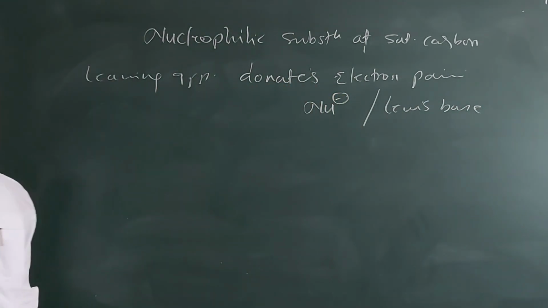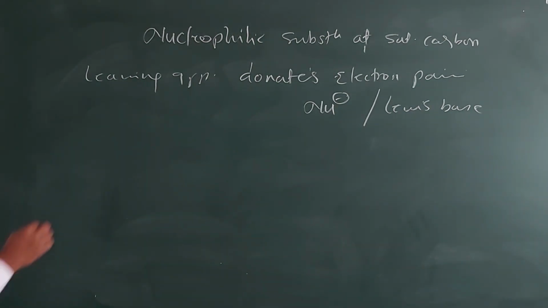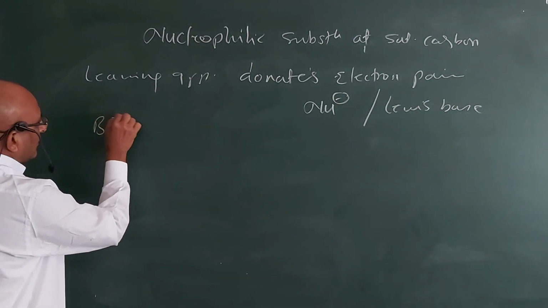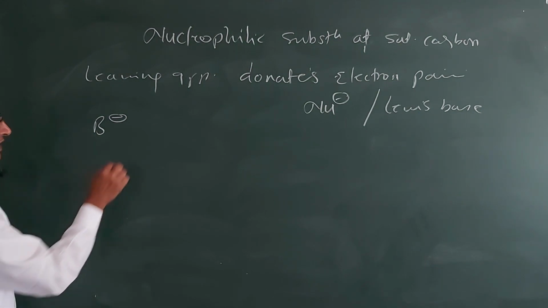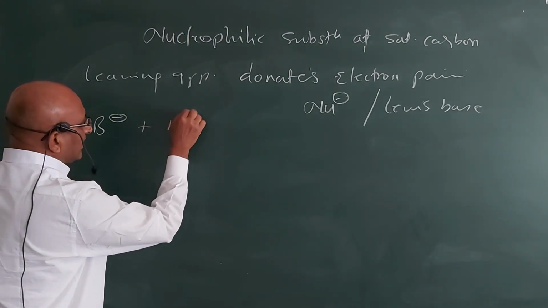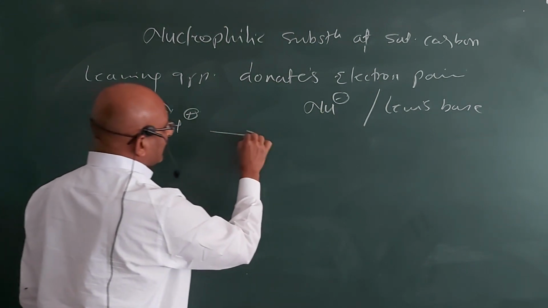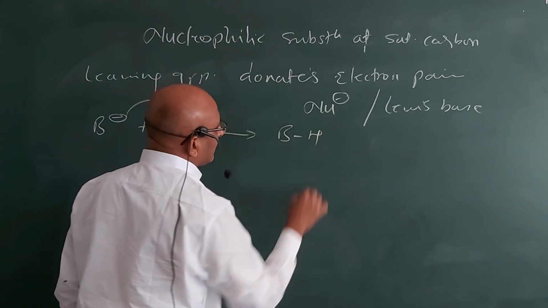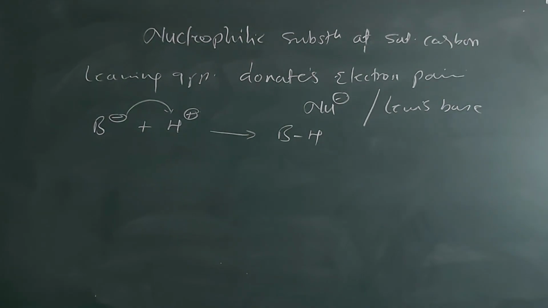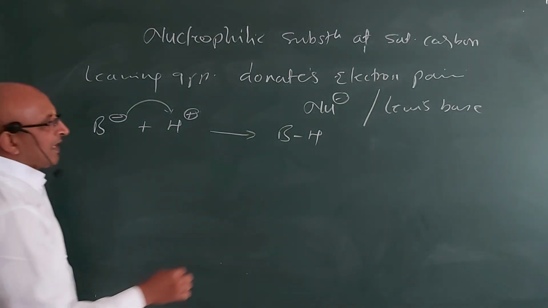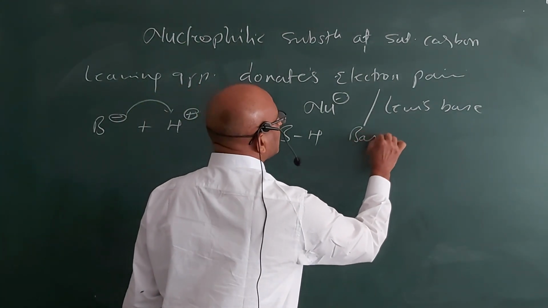So when it acts as a Lewis base, the negatively charged species, when it donates the electron pair to a proton, it acts as a base. And so here it is the basicity.